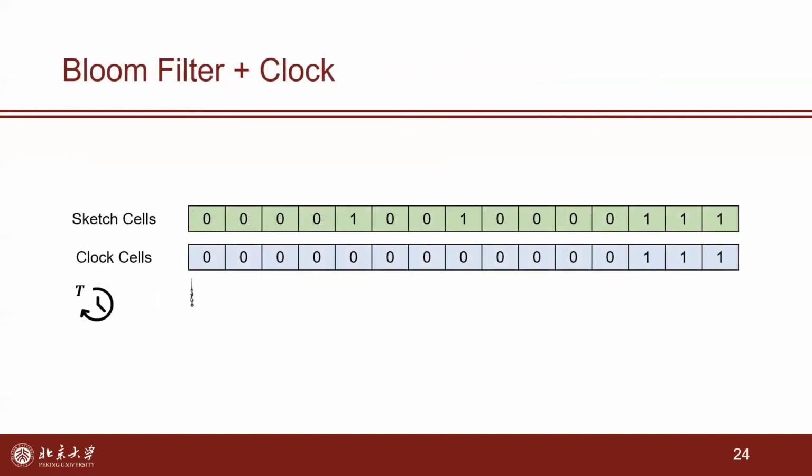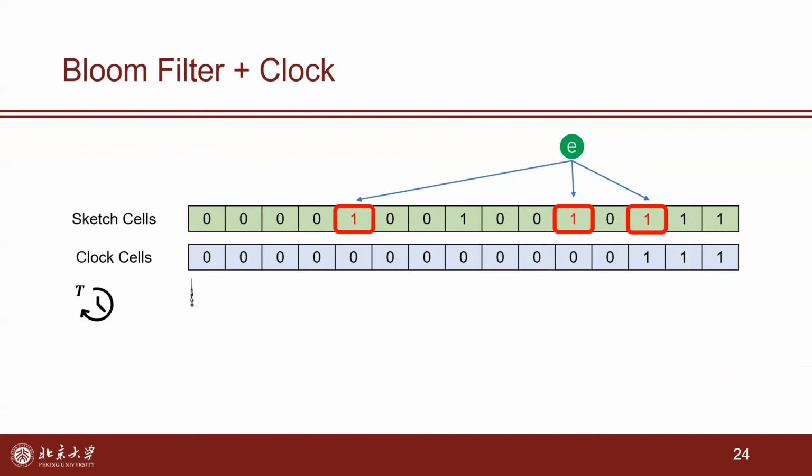Also, clock can work with the Bloom filter, which is a probabilistic data structure to conduct membership query. Same as counting sketch, it uses several hashed cells and flips the cells into 1. And all these sketch cells of Bloom filter are bits. They can be either 1 or 0.